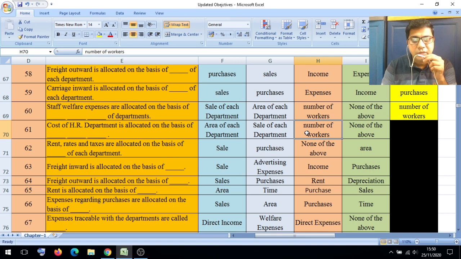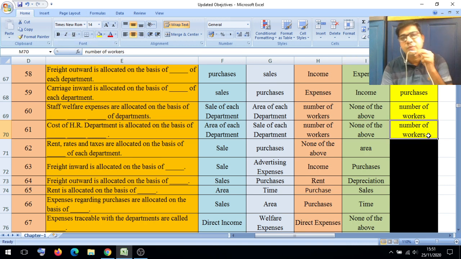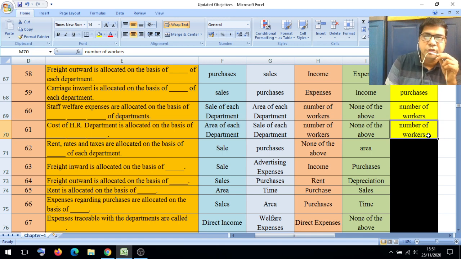Option C, number of workers. Option D, none of the above. Here the answer is number of workers. The human resource department is related to the workers. Therefore, we will allocate our expenses or cost on the basis of number of workers.